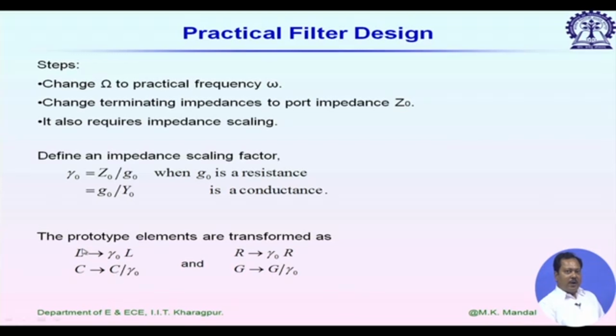Next, we have to find the real L and C values. The prototype elements are transformed as capital L equal to gamma naught times small l, where small l is the g parameter, then capital C equal to small c by gamma naught, again the right hand side c is the normalized g parameter. Similarly, we can find the real capital R and capital G; all the right side values are the g parameters.